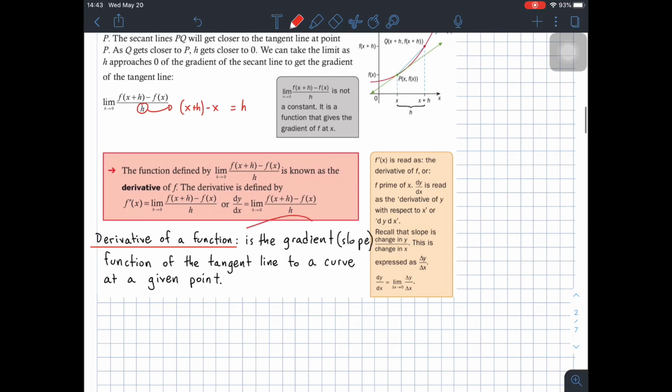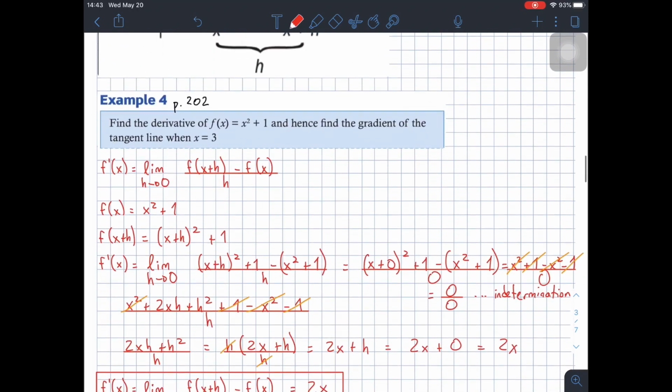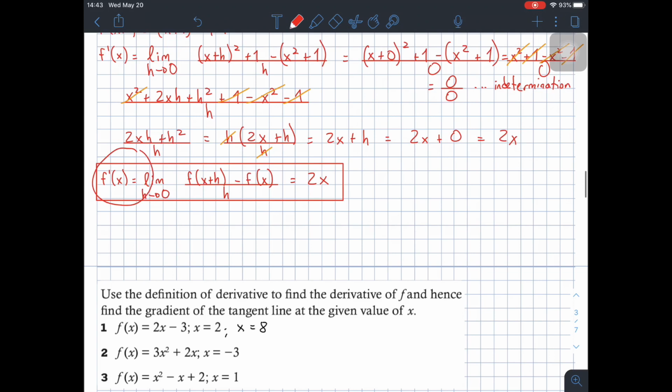It says, it is the gradient or slope function of the tangent line to a curve at a given point. Okay, so in this case, you can see that the derivative is actually a function, right? 2x. It is a function because it has the variable x. So as we give different values of x to this derivative, we're going to get different values for the derivative or the slope of the function, okay?